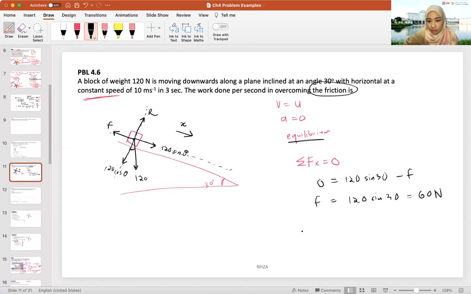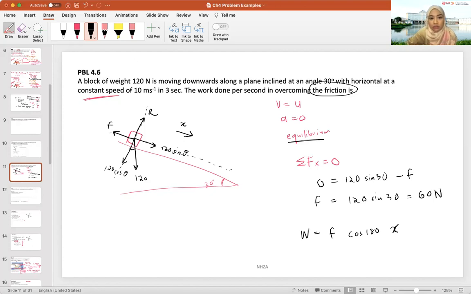So work done punya equation is friction times the displacement. But in this case, we know that friction is in the opposite direction with x. So cosine 180 ataupun minus 1 times x. Now I need to know what is x. How do I find out x?